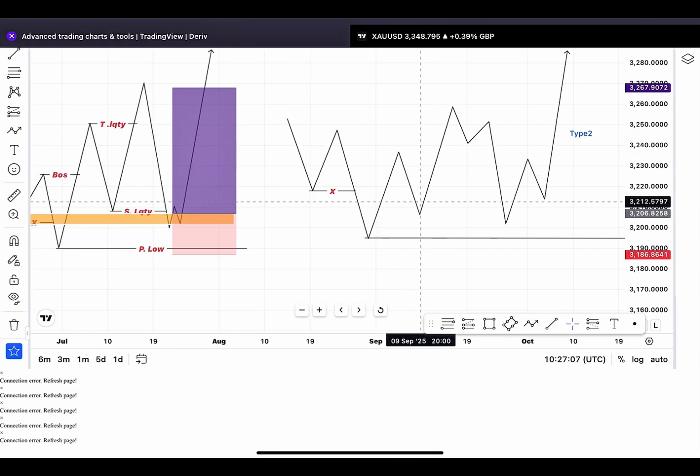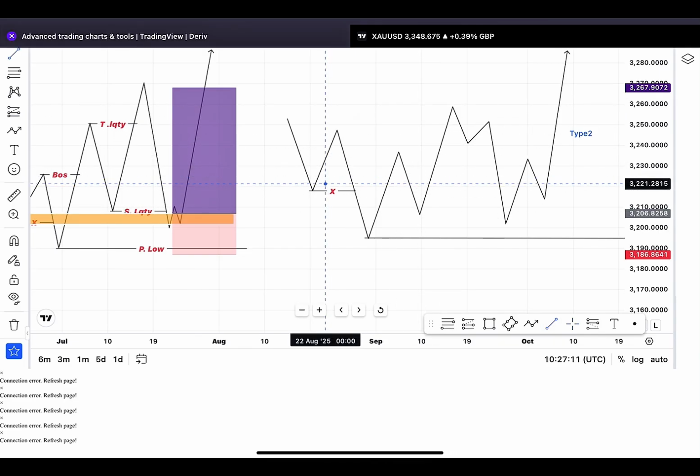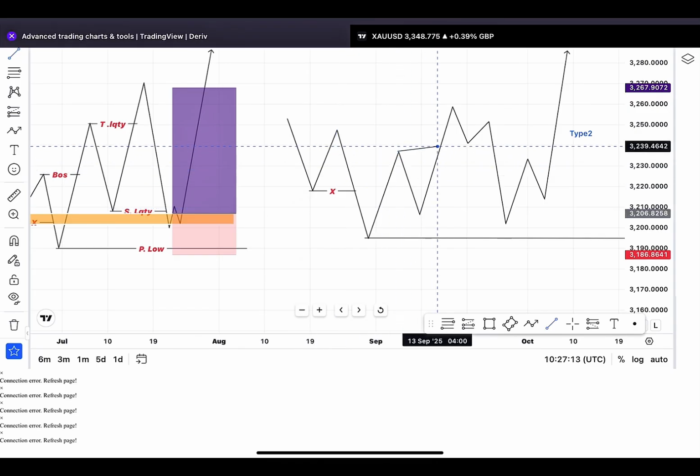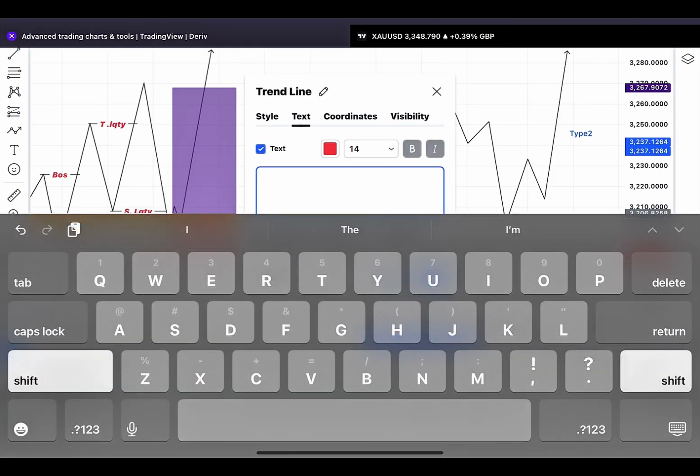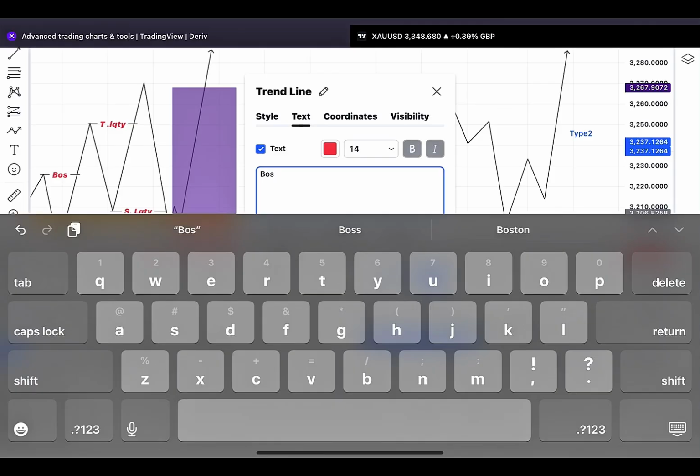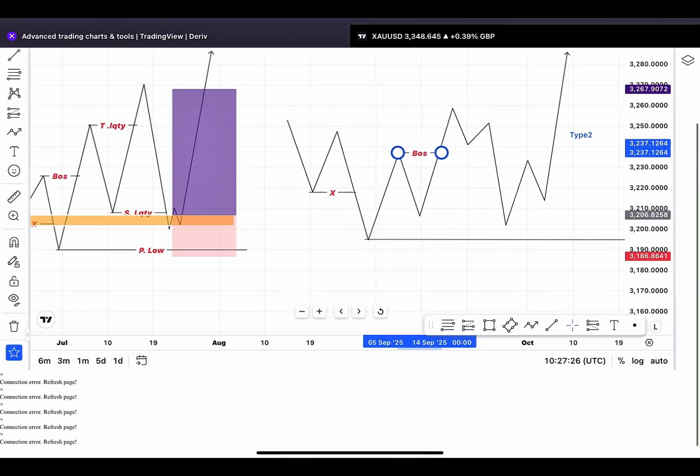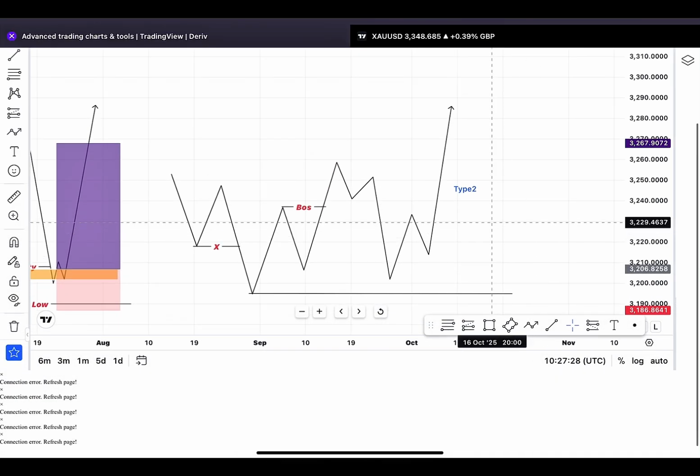The market now pulls back to this level, then boom, you can see there's a break of structure here, which I call my BOS. Some people do call it market shift, but I call it BOS, which is break of structure. As you can see, there's a break of structure there.